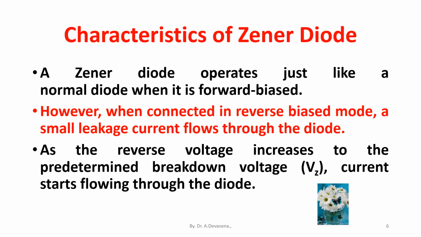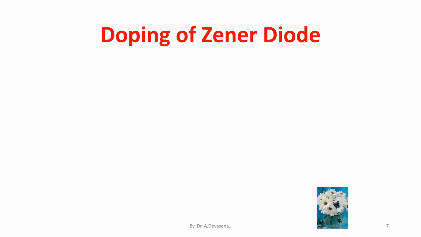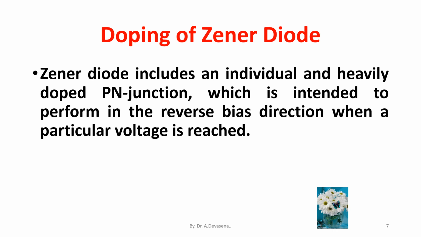As the reverse voltage increases to the predetermined breakdown voltage, that is V suffix Z, then current starts flowing through the diode. Doping of Zener diode. Zener diode includes an individual and heavily doped PN junction, which is intended to perform in the reverse bias direction when a particular voltage is reached.